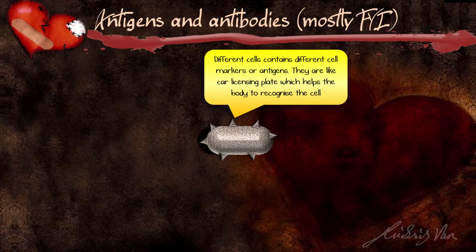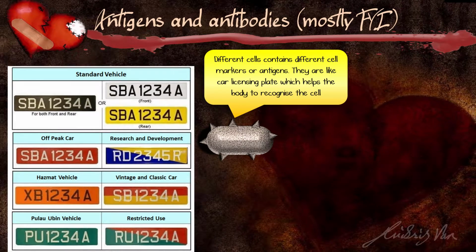They are similar to the car licensing plate. For example, if you look at a car licensing plate, you will probably be able to tell whether it is a Singapore car or it is from JB. If you do not understand, you can ask your father or mother who owns a car, or your uncle or auntie who owns a car.